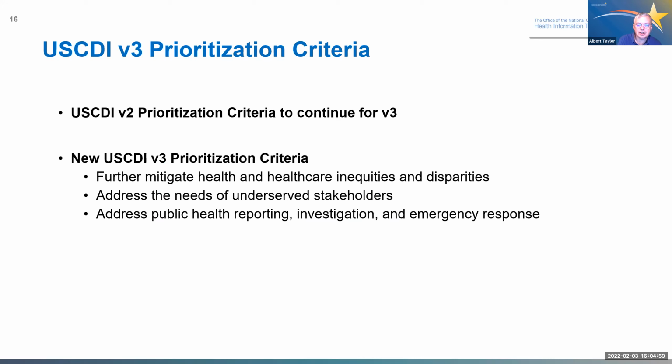In addition to the existing prioritization criteria that I discussed earlier, and keeping in line with the focus on health equity and public health, we stated upfront before the submissions came in that ONC would be giving at least some priority to submissions, data elements, and data classes that address these specific concerns of health equity and disparities, the needs of underserved individuals or stakeholders, along with addressing public health interoperability needs, particularly in light of the pandemic, which has been ripping through our country and the world for now 2 years.